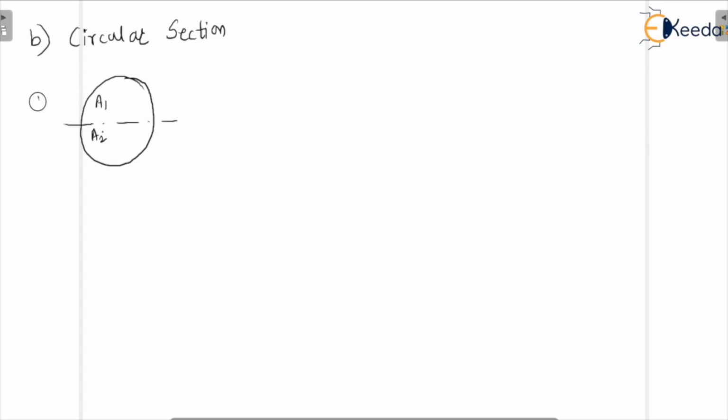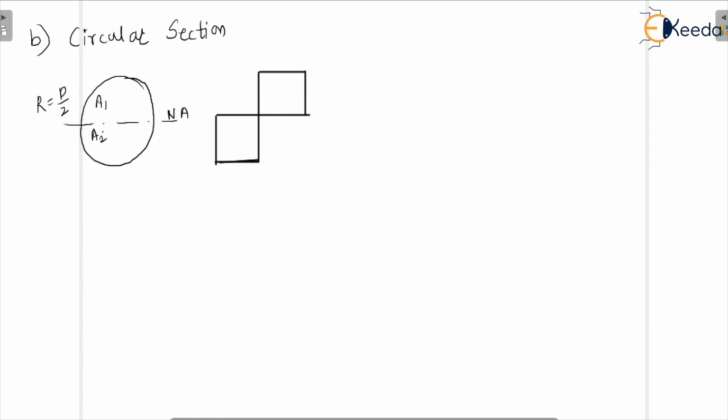Here R is the radius, R is equal to D by 2, and this is the plastic neutral axis. Again the bending stress shape will be the same, where it reaches the fully plastic stage.